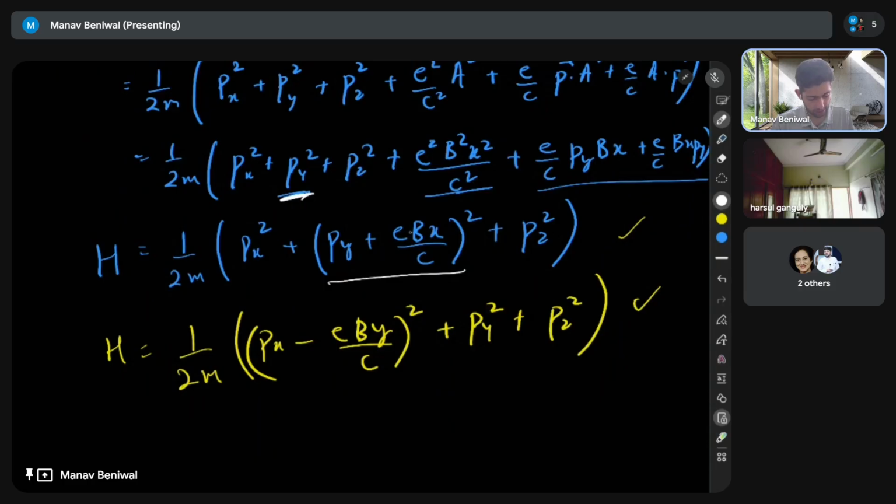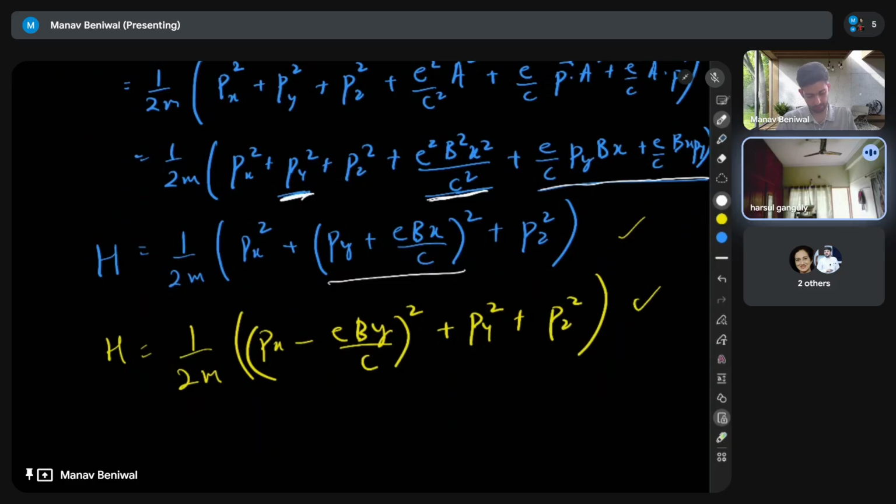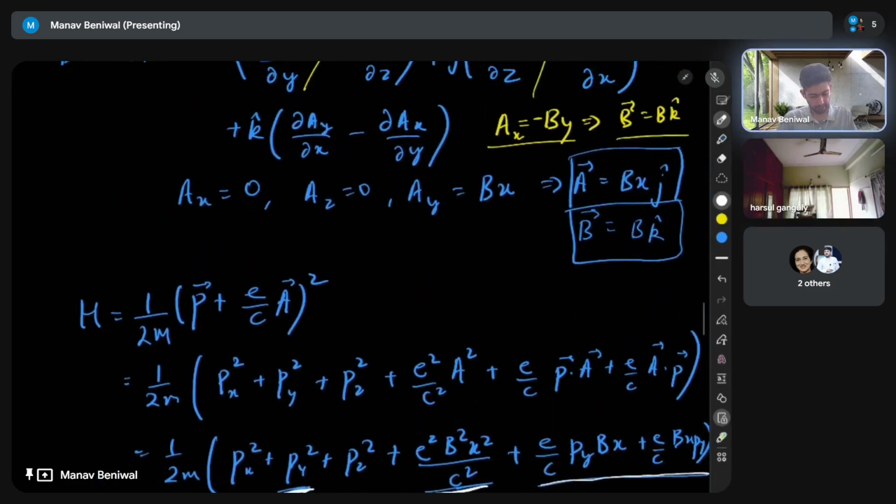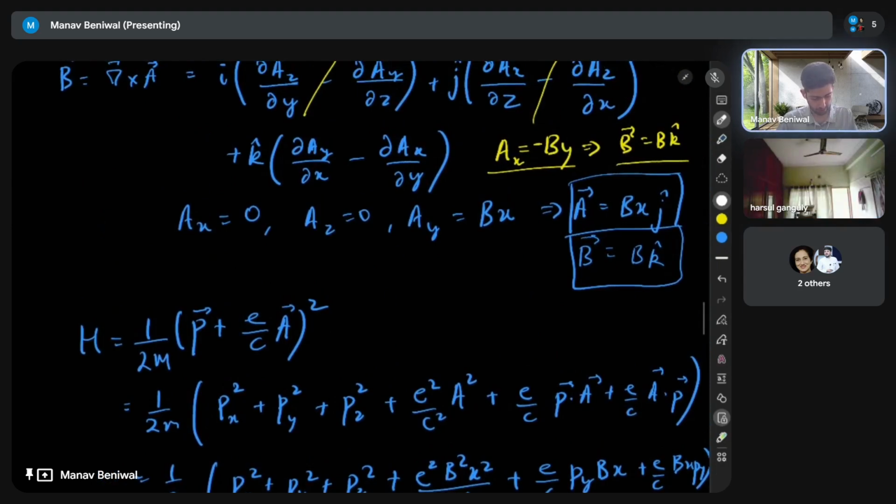You'll get this e squared B squared x squared by c squared, which is here. And then you'll get 2 times py eBx by c, which is here. And we took Ay equal to Bx. Yes, here.